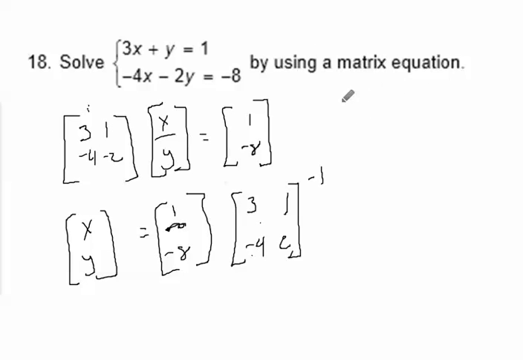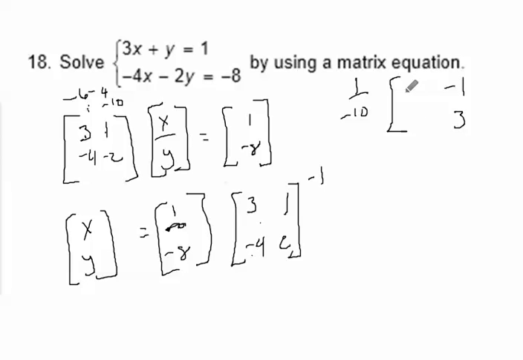So finding the determinant first, that's negative 6 minus 4. That's a negative 10 that we're going to get for the determinant. So it's going to be 1 over negative 10 times, okay, see if I can do this right this time. A and B, that's going to be a 3 down here and a negative 1 up here.